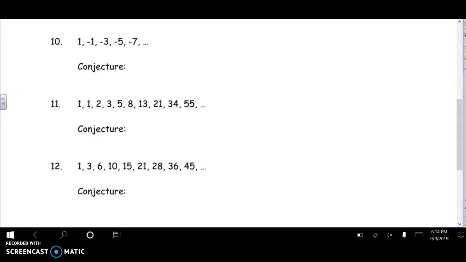In problem number 11, this is quite the pattern. Can you figure out what's going on here? If you're a little confused, look at this. What do these numbers do for the next number?